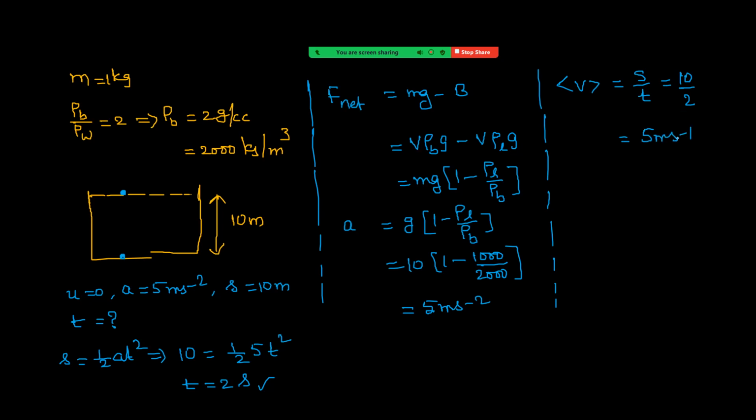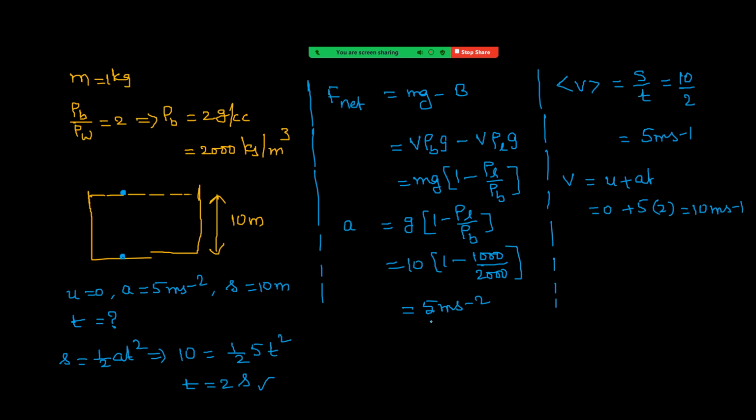Okay. Or we can take the same thing as, we can do one thing. Just before touching the bottom of the vessel, see velocity how much? Velocity is equal to u plus at, u value 0, a value 5, and t is now 2 seconds. This is now 10. So just before touching the bottom of the vessel, velocity is 10.